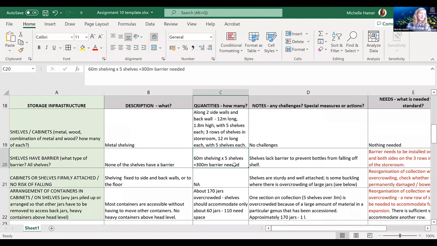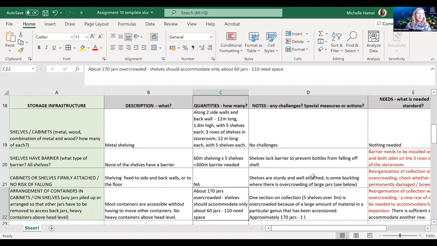You need to tell whoever manages the budget and the procurement and installing this how much is involved. And then when you look at the overcrowding, are there any jars piled up on each other, or just so tightly packed that you can't get to any of them? About how many of them are like that? It may just be one section of the collection.